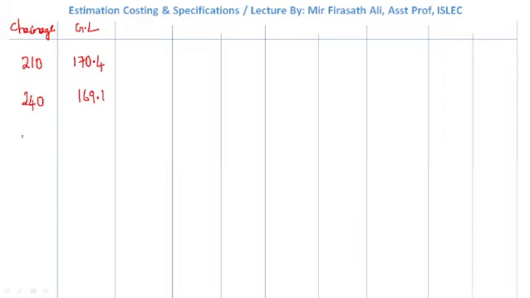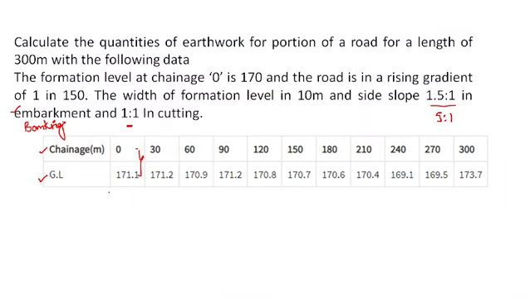At chainage 270, we have 169.5. At chainage 300, we have 173.7. So, these are nothing but our ground levels.